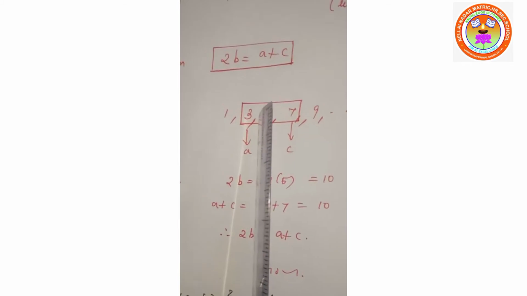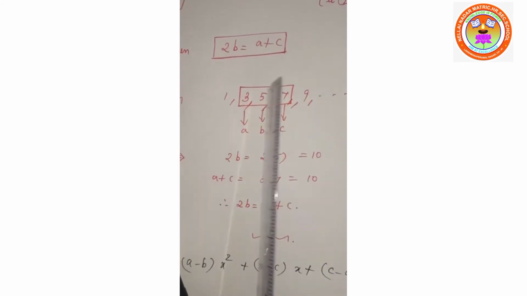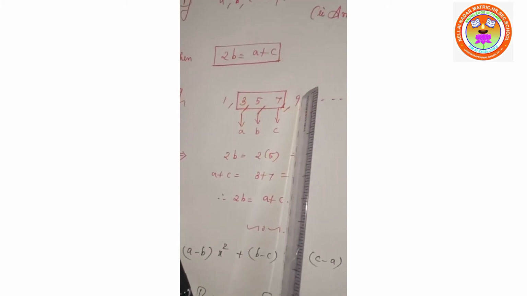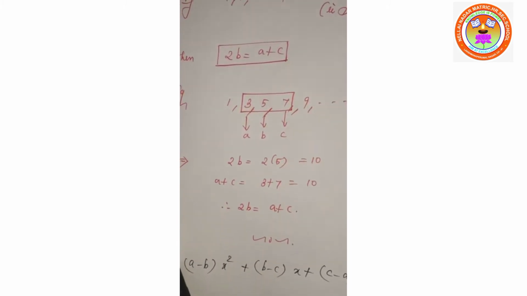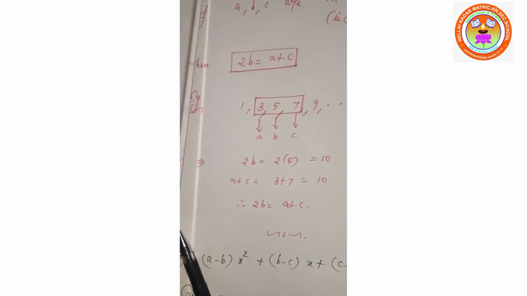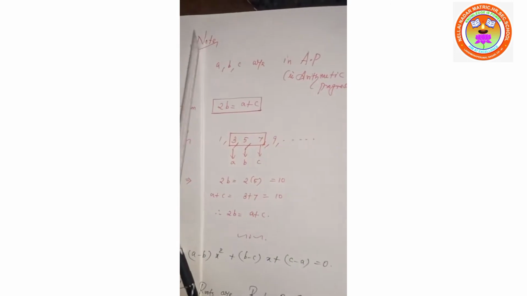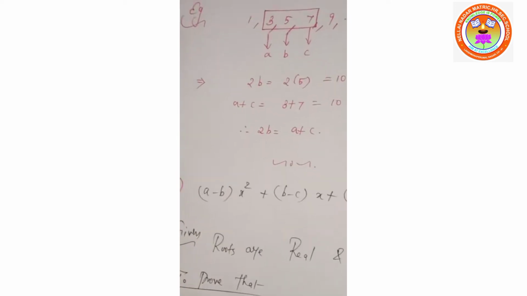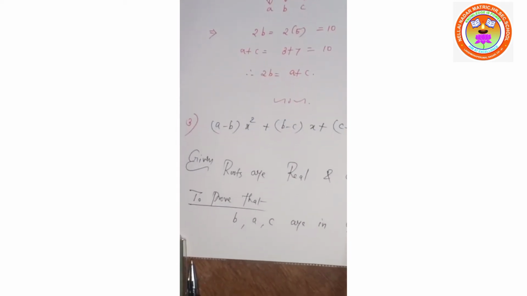Even if we consider 5, 7 and 9 as A, B, C, since it is B, 2 sevens are 14. 5 plus 9 also 14. Therefore, 2B equals A plus C. This is a condition if A, B, C are in arithmetic progression. Now, in the given equation, you are given the roots are real and equal.